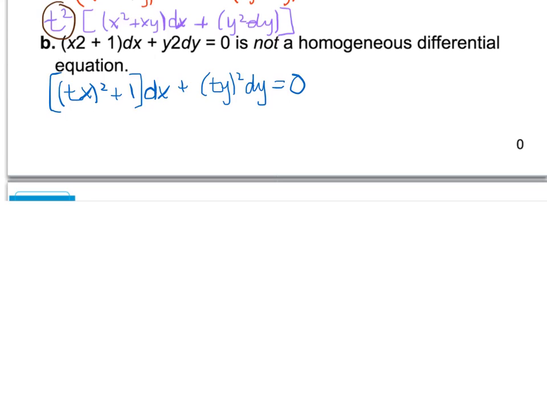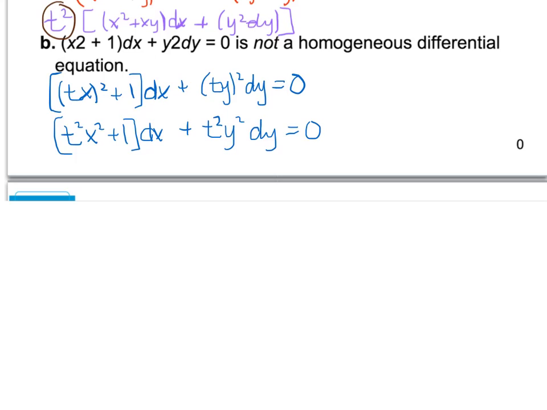So let's go ahead and simplify. That means we get (t squared x squared plus 1) dx plus t squared y squared dy equals 0.